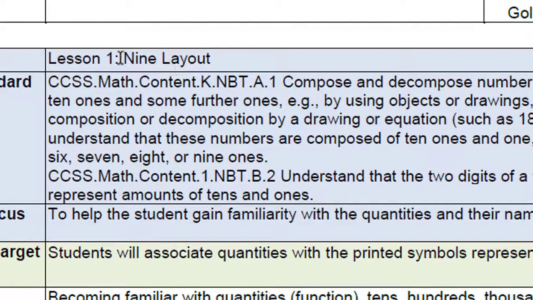You'll see CCS, this is a kindergarten standard, NBT.A.1, and NBT.B.2. So that's a first grade standard, and this is a kindergarten standard. So from that standard, you're going to create a central focus, which is a big idea, and I don't think I mentioned that yet.